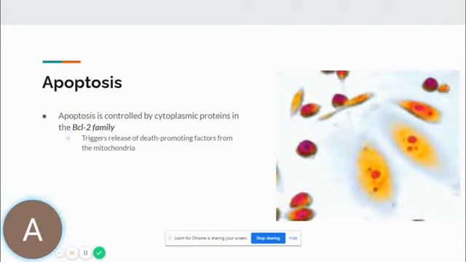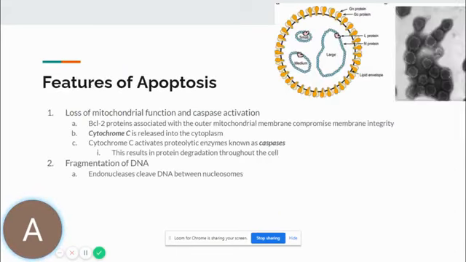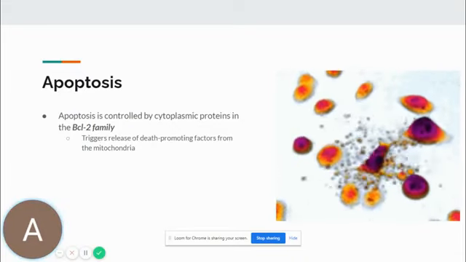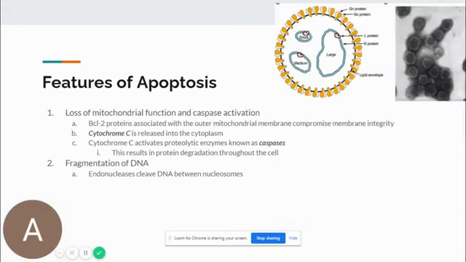Like I said, the BCL2 family are cytoplasmic proteins. They come from the cytoplasm and associate themselves with the outer mitochondrial membrane, which compromises the integrity of the mitochondria. Once this happens, cytochrome C from the mitochondria is released into the cytoplasm. Cytochrome C activates proteolytic enzymes known as caspases.